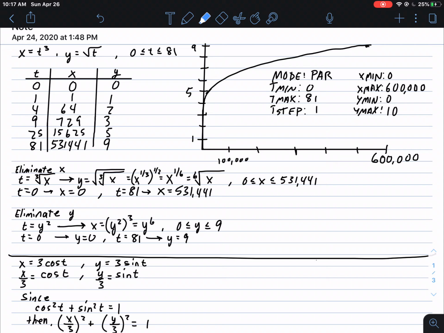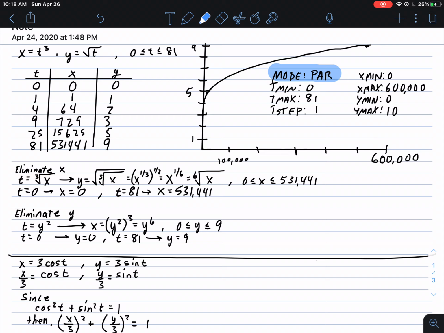Now, on your calculator, if you want to graph a parametric curve, or a curve defined by parametric equations, you go to your mode setting, and this is the same place we went when we did our polar curves. Go to your mode setting and change that to parametric. And then you go to your window settings.